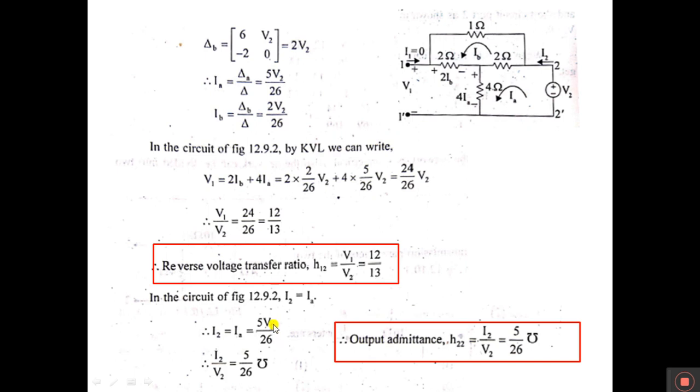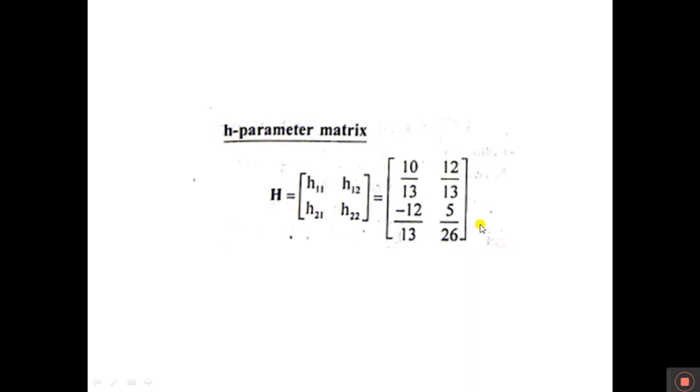From this, V2 by I2 is 26 by 5, or I2 by V2 equals 5 by 26 mho. Our output admittance H22 equals I2 by V2, that is 5 by 26. Now the H parameter matrix becomes H11, H12, H21, H22. So this is the final value of the H parameter matrix.